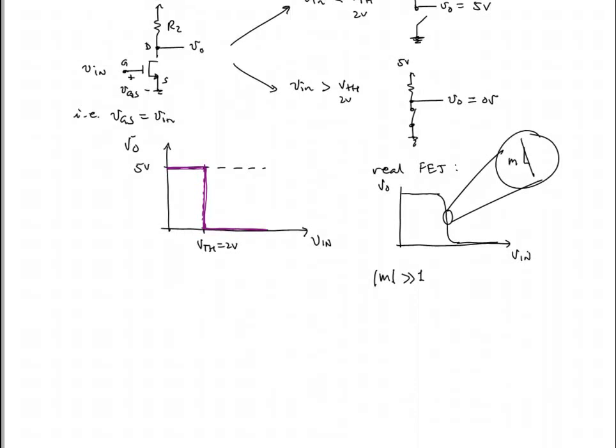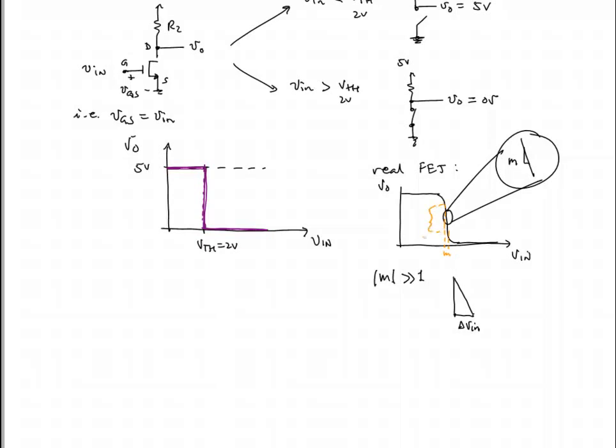What's the big deal about that? Well, let me draw a little triangle here. If I change my input voltage by a little bit, let's say I change my input voltage by this much, how much did my output voltage change by?